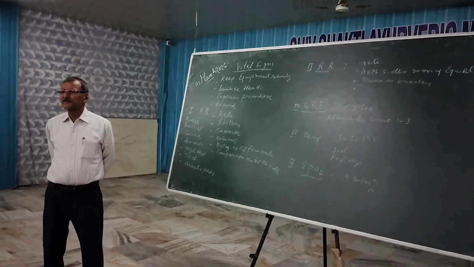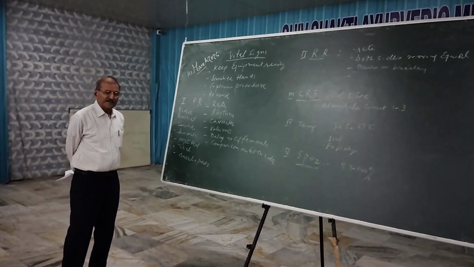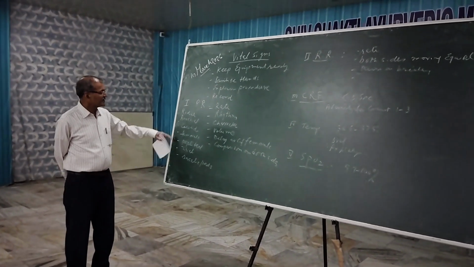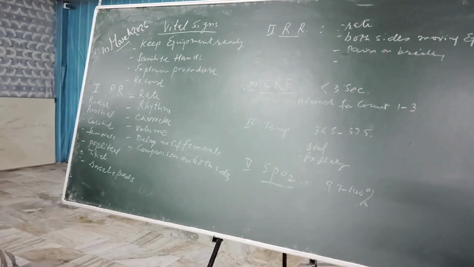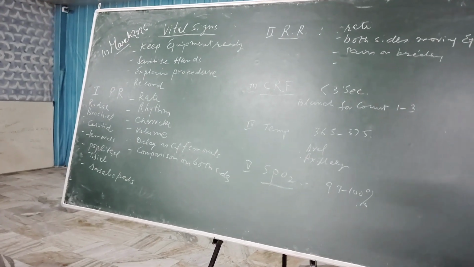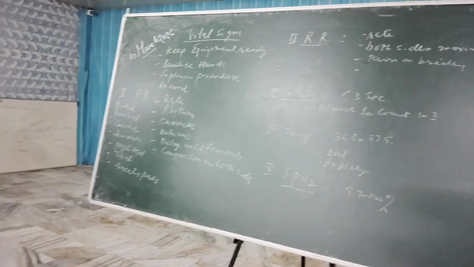Pulse rate, which are the main pulses in the body? One is radial, brachial, carotid, femoral, tibial and dorsalis pedis, right? So usually we take the radial pulse.